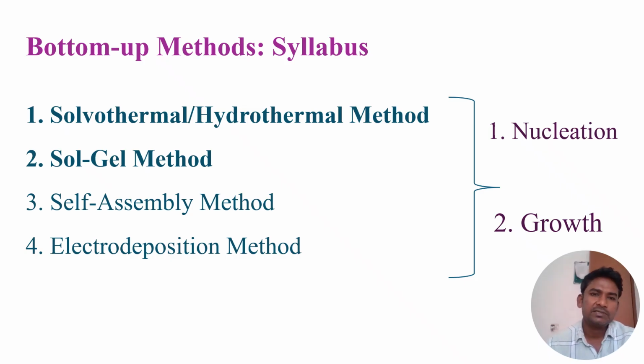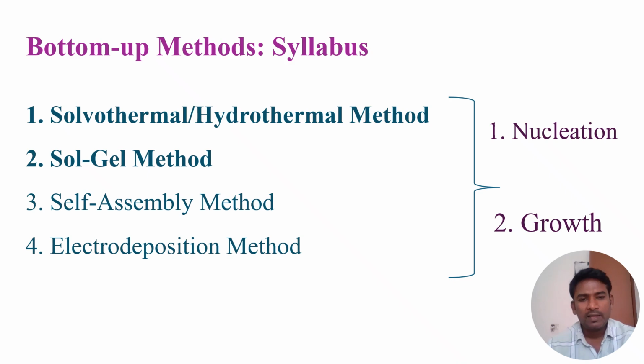Now let us try to understand the bottom-up approach methods, which are the most important in every postgraduate syllabus, because in the postgraduate syllabus the bottom-up approach is one of the main concepts to be learned.